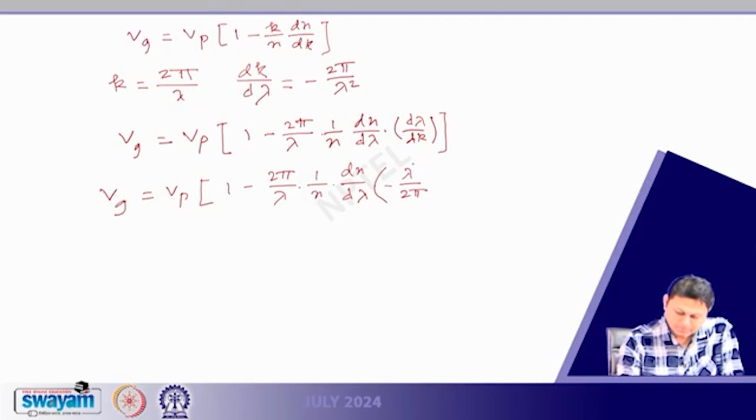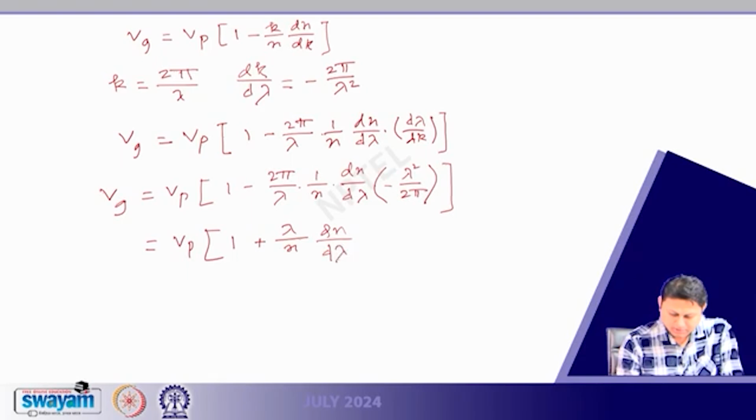So, it should be lambda square by 2 pi, and essentially we get Vp into 1 minus, this 2 pi will cancel out, 1 lambda will cancel out, this minus will be plus. So, plus lambda by n, then dn d lambda.